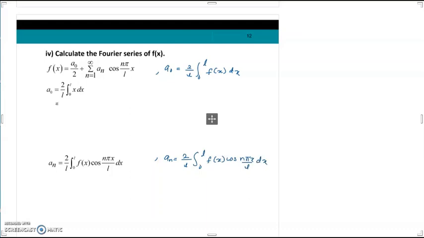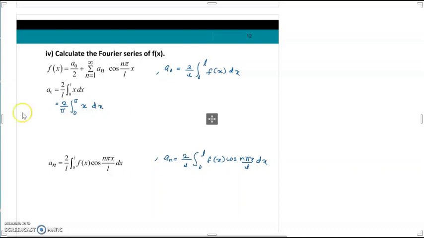All right, so we have here 2 over L. Our L is what? L is pi just now. So we have 2 over pi integral from 0 to pi, f(x) is x dx. So 2 over pi, 0 to pi, x dx.